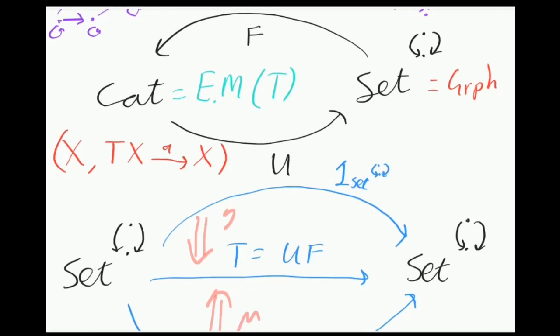So what does this mean? Well, it means we start with a graph X, and then we form this kind of graph that has directed edges as walks on the original graph.